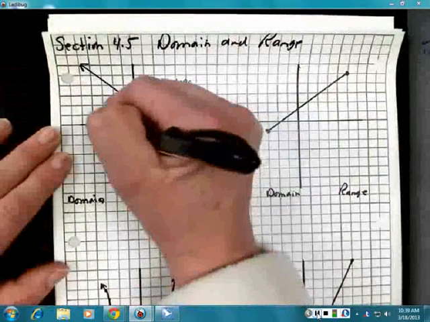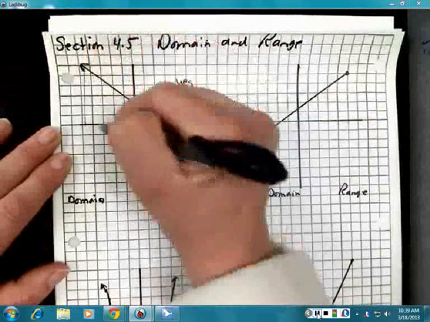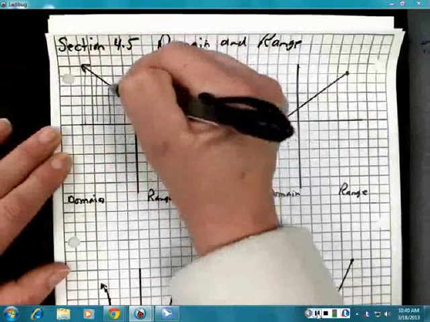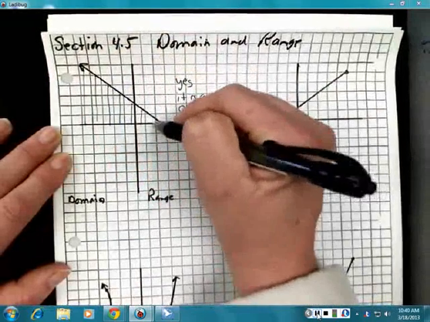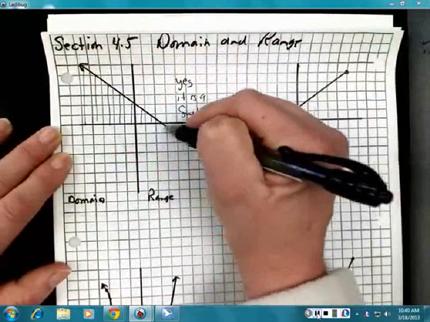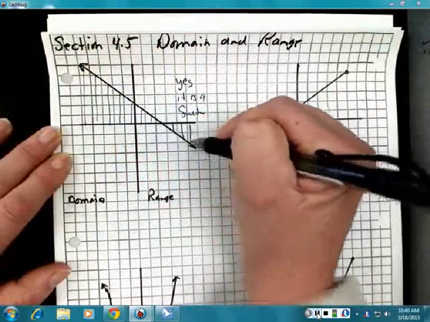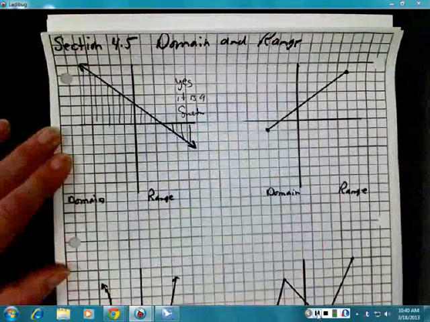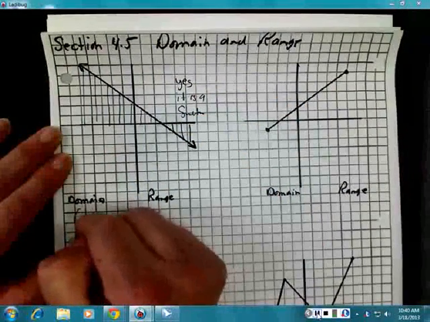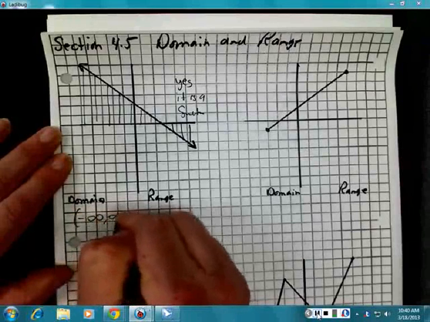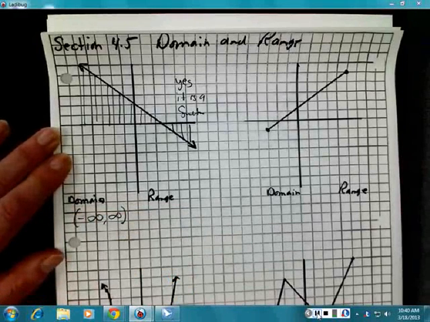Well, everywhere that I go up on this, I run across an x, right? Do you see that? So everywhere I go, I've got an x somewhere in there. So what does that mean about my domain? Well, my domain in this case is from negative infinity to positive infinity. You okay with that part?